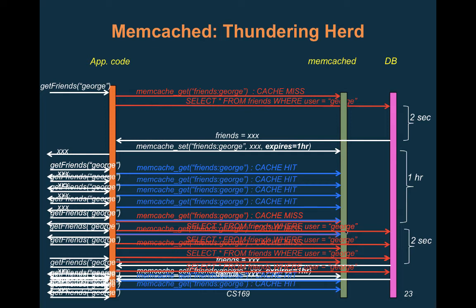But as you come to the end of the 1 hour, Memcached is going to expire the entry from the cache. Requests keep coming in at the same rate because they don't know that the hour expired. And each one will find the friends missing from the cache, and each one will start going to the database.